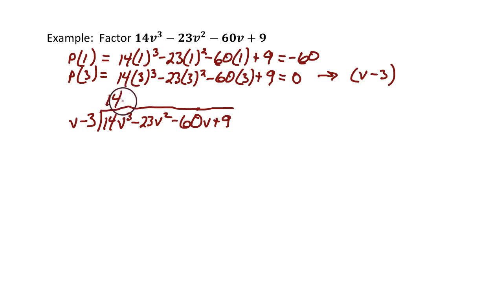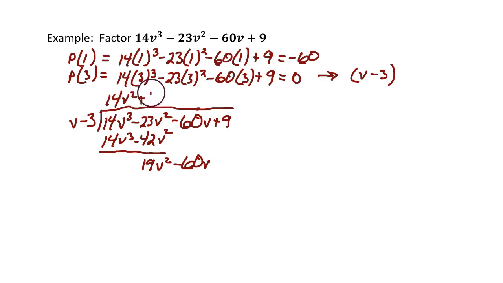V times 14v squared makes 14v cubed. And 14v squared times negative 3 is negative 42v squared. Now subtract. Negative 23 subtract negative 42 is 19v squared. Bring down the negative 60v.